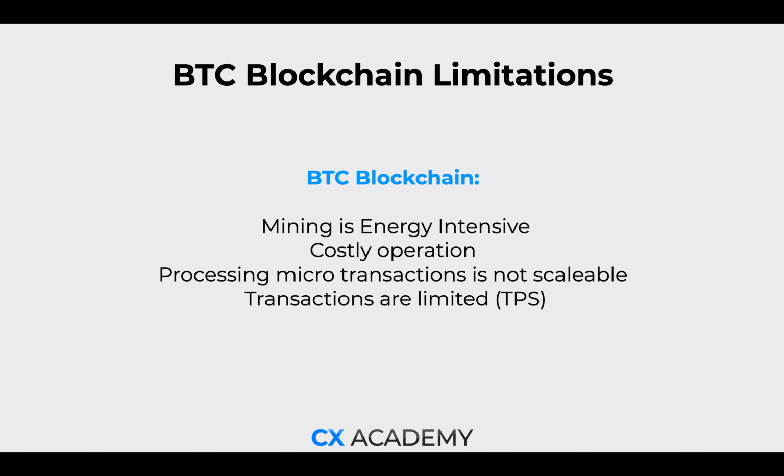Processing microtransactions is not very scalable for Bitcoin, as again, the transactions are added every 10 minutes. It's relatively large transactions which are made with Bitcoin. And transactions are limited by TPS, transactions per second, because of this block time and also the block size.